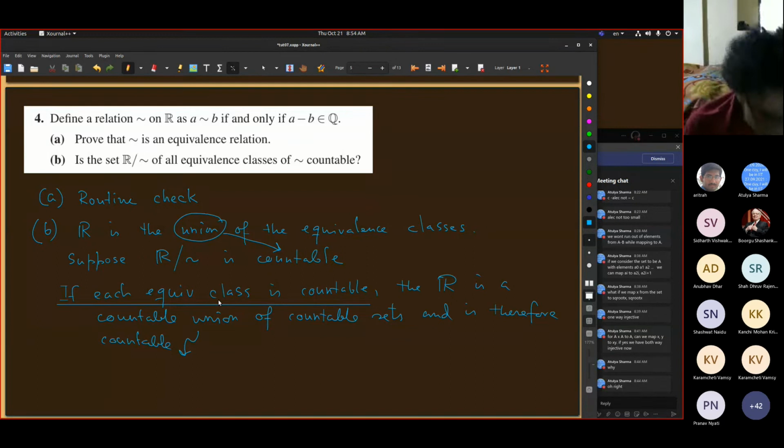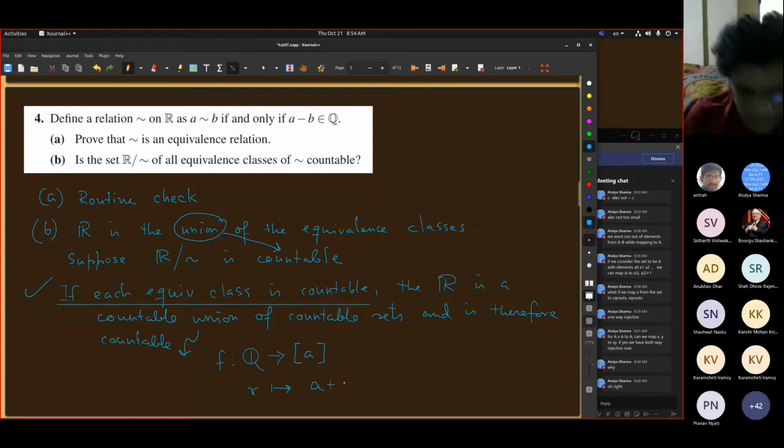Okay, so this is actually true. Why? Consider the equivalence class of A. Let us define a map F from a rational number r, which will go to A plus r.